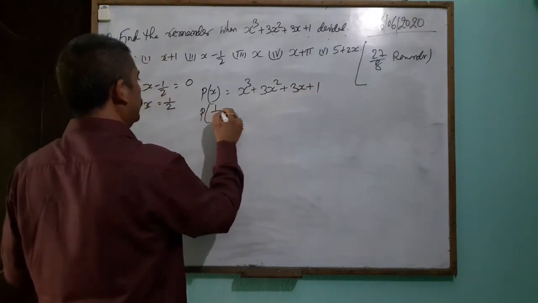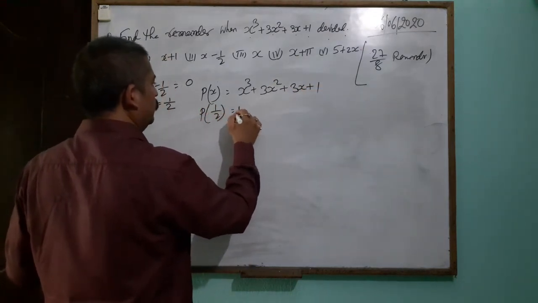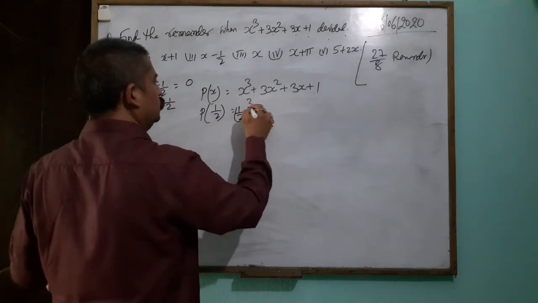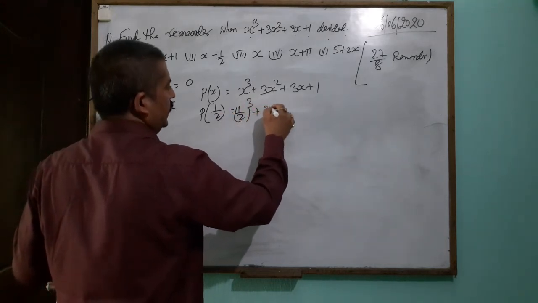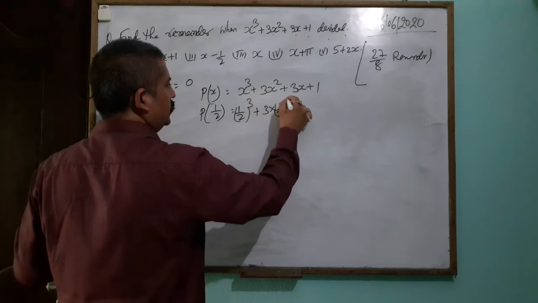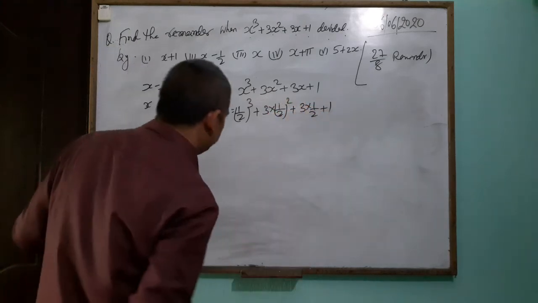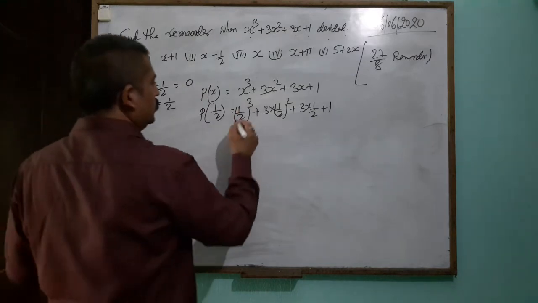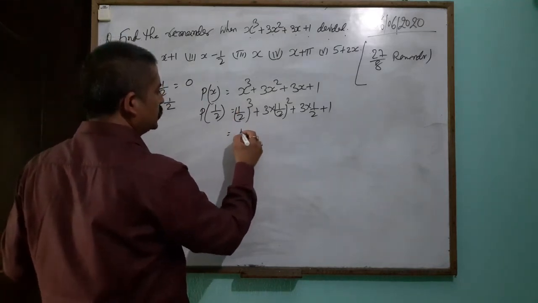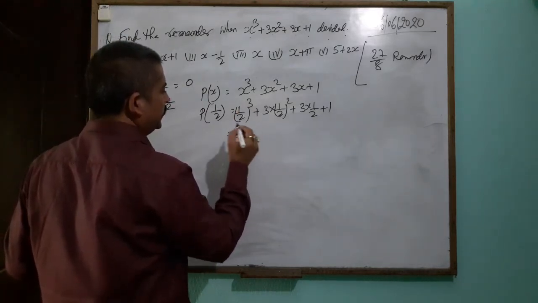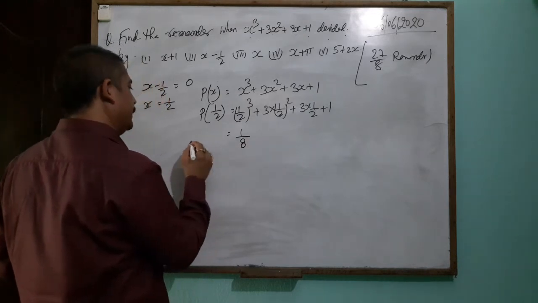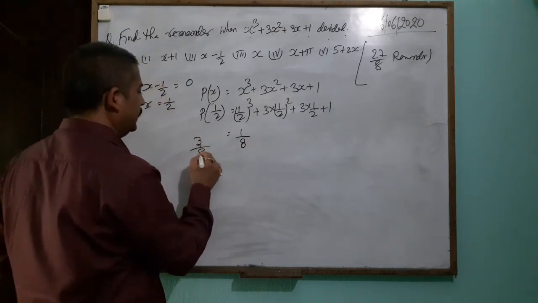If the value is 1 by 2, then 1 by 2 to the power cube plus 3 into 1 by 2 to the power 2 plus 3 into 1 by 2 plus 1. So cube of 1 by 2 is equal to 1 by 8.